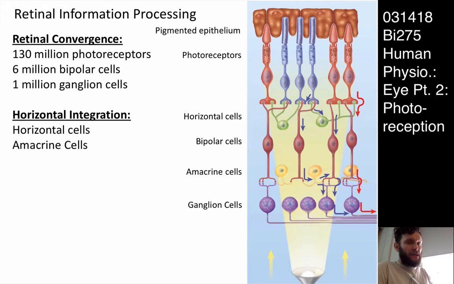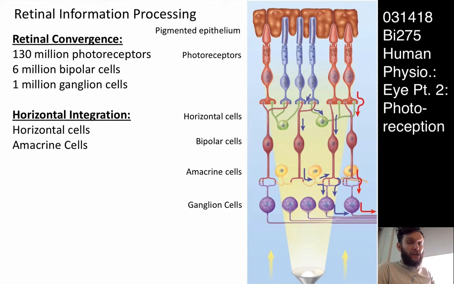So you can see that there are 2 orders of magnitude convergence between photoreceptors and bipolar cells. That's probably where the biggest leap in information processing happens. But there's approximately a half order of magnitude between the bipolar and ganglion cells. There's a lot there that could be unpacked, but we'll move on.